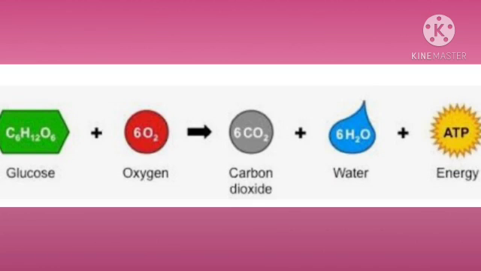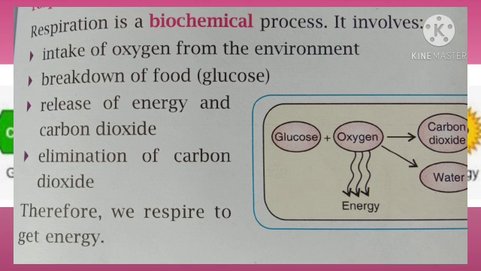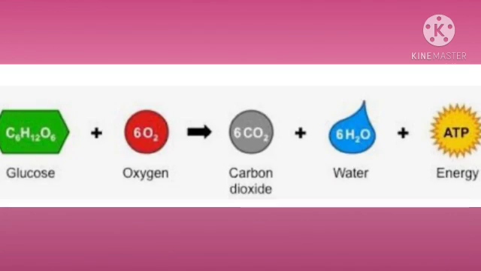So respiration is a process whereby living organisms produce energy from the food they eat, which is needed for various life activities. Oxygen is required for this process and carbon dioxide and water vapor are formed as waste matter.